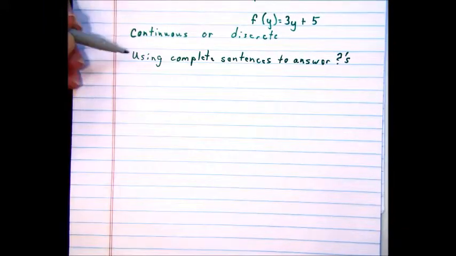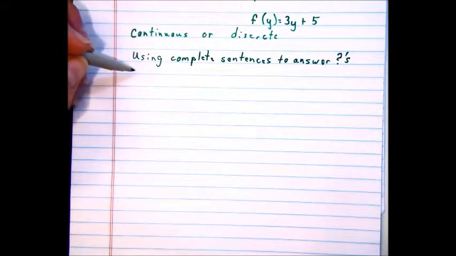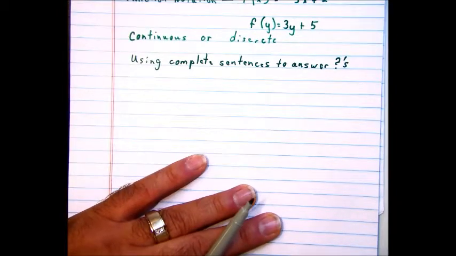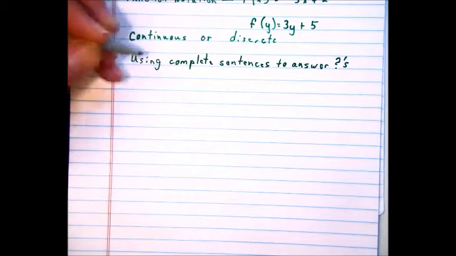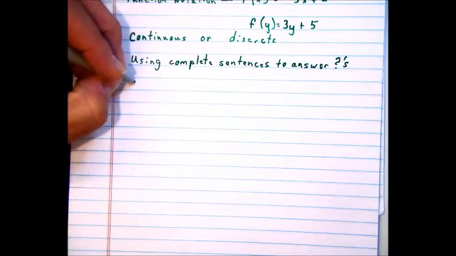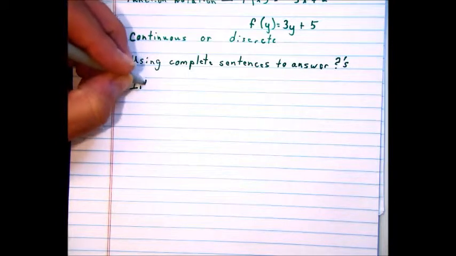But we always are using complete sentences in the scenario that we're talking about so that we can understand what we are answering to. Okay, so two of the things that we have to be able to do for every word problem is you have to be able to identify what two things.